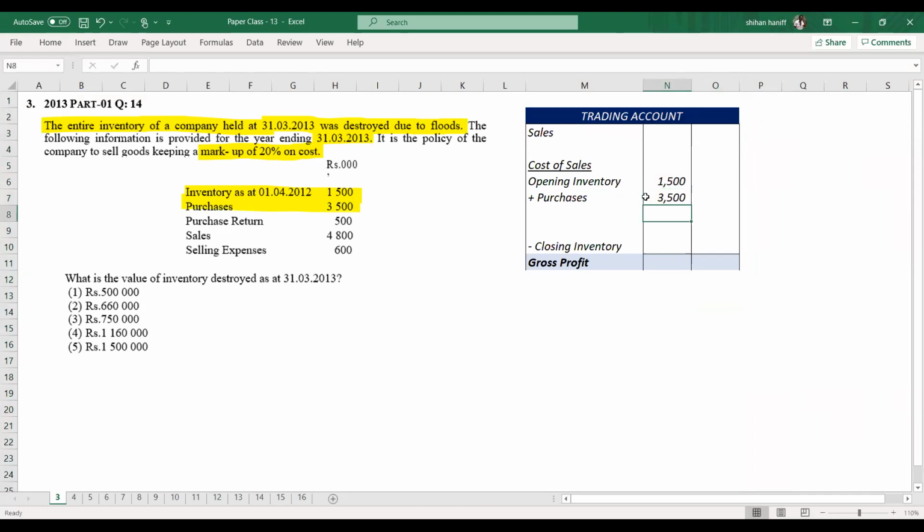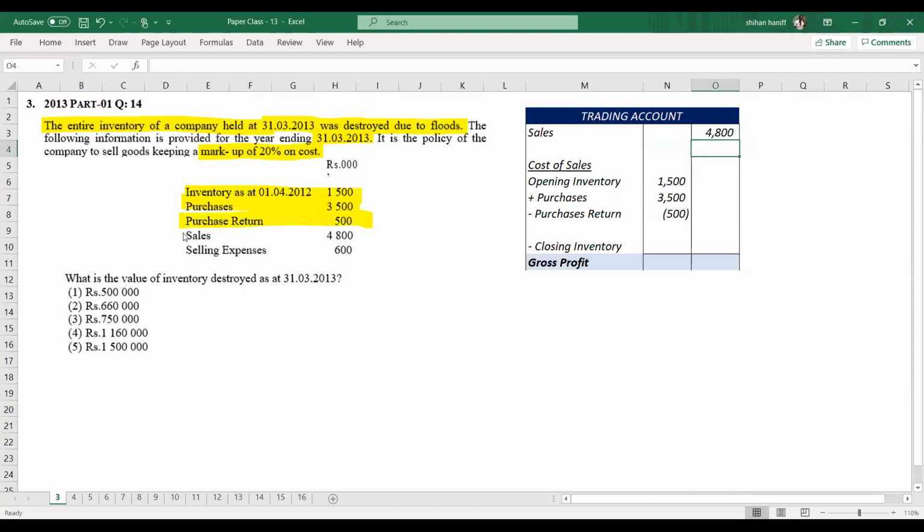So that will be added to the opening inventory. Purchases return will be deducted from the purchases. Then the sales value is given, sales 4,800.